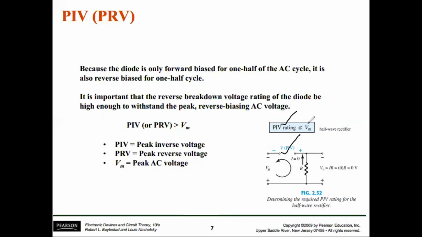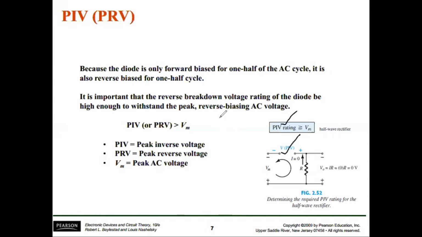If this is smaller than Vm, then when you want this switch to be in open region, current will flow in the reverse direction and your operation will be disturbed. So your PIV rating of a diode should be greater than or equal to Vm for a half wave rectifier. For a full wave rectifier, the condition will be different.